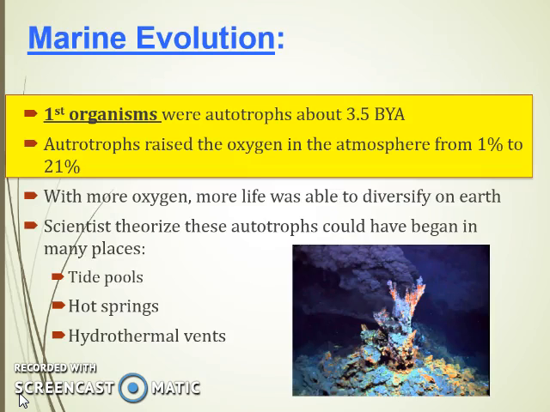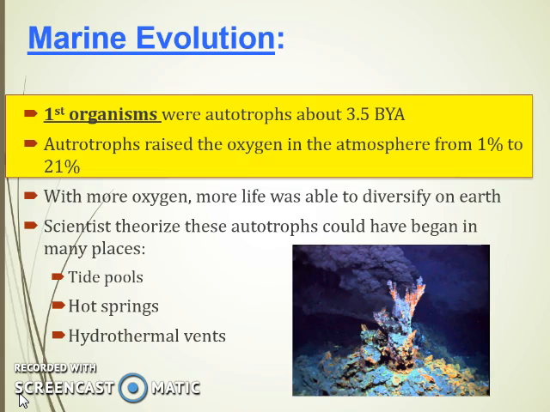To kick it off, we start with marine evolution, just the basics here. Scientists say that the first organisms were autotrophs, and they lived about 3.5 billion years ago. Autotrophs raised the oxygen levels in the atmosphere from 1% all the way to 21%.